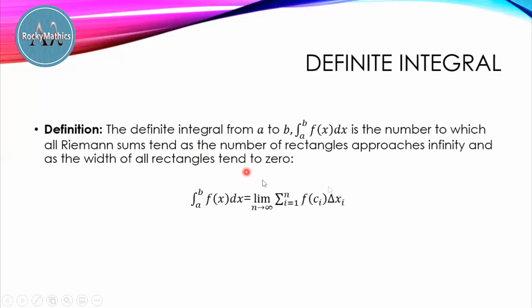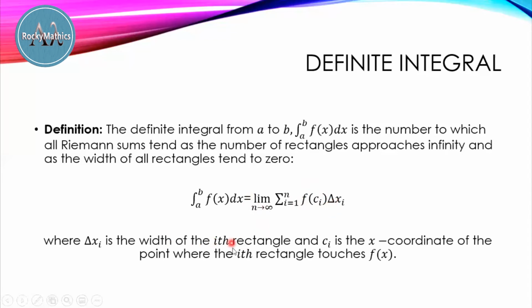And this is given by this formula. We have here the definition: the integral of f of x dx from a to b is equal to the limit of the summation of f of c sub i times delta x sub i, from i equals 1 to n, as n approaches infinity. We have to take note, n here is the number of intervals, f of c sub i is the height of the ith rectangle, delta x sub i is the width of the ith rectangle, and c sub i is the x coordinate of the point where the ith rectangle touches f of x.